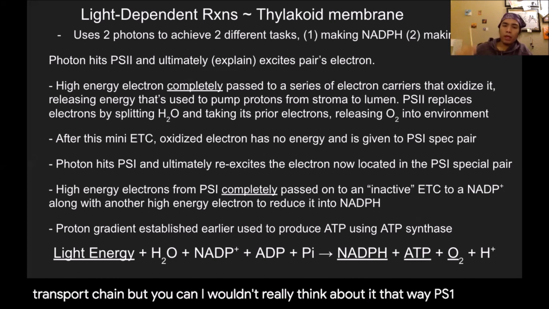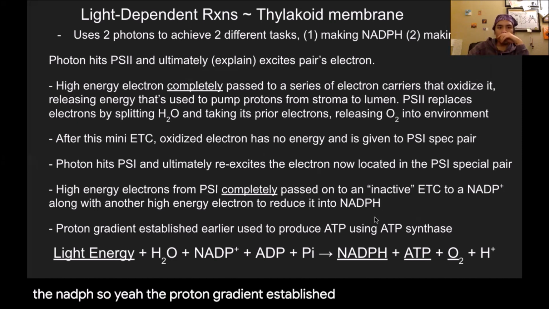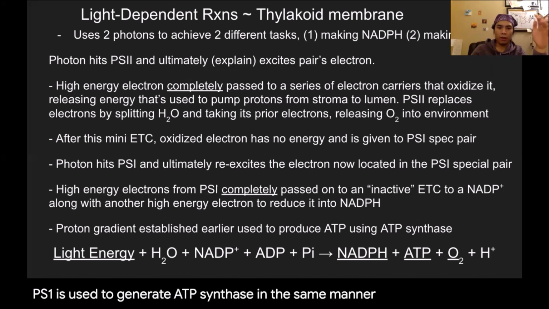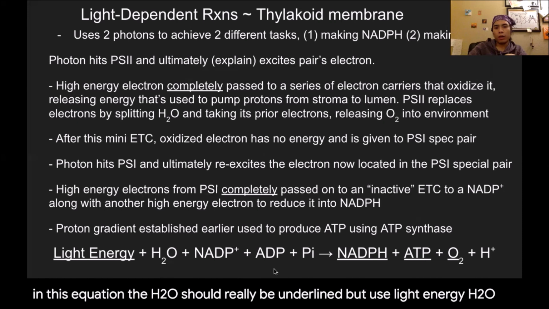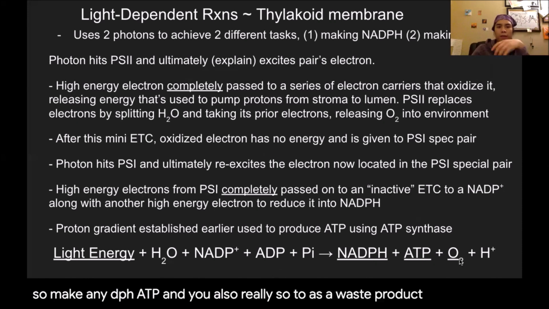PS1 completely passes its high energy electron to NADP+, which reduces it and turns it to NADPH. So the proton gradient established earlier, going from PS2 to PS1, is used to generate ATP by ATP synthase in the same manner. Over here in this equation, the H2O should really be underlined, but you use light energy and H2O to make NADPH and ATP, and you also release O2 as a waste product.